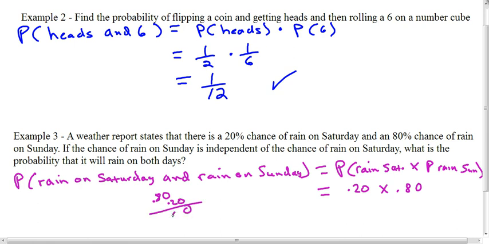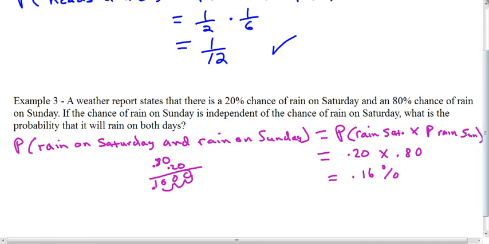Here I have 0, 0, and 16. 1, 2, 3, 4 places I'm going to point off. So that's going to give me a 16% chance as I write it as a decimal.